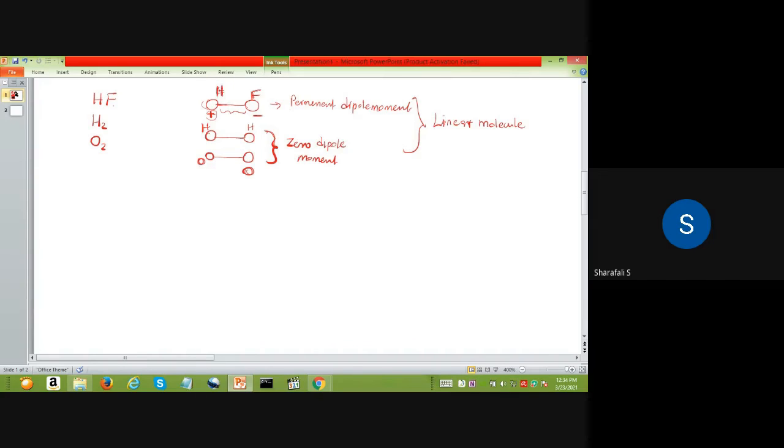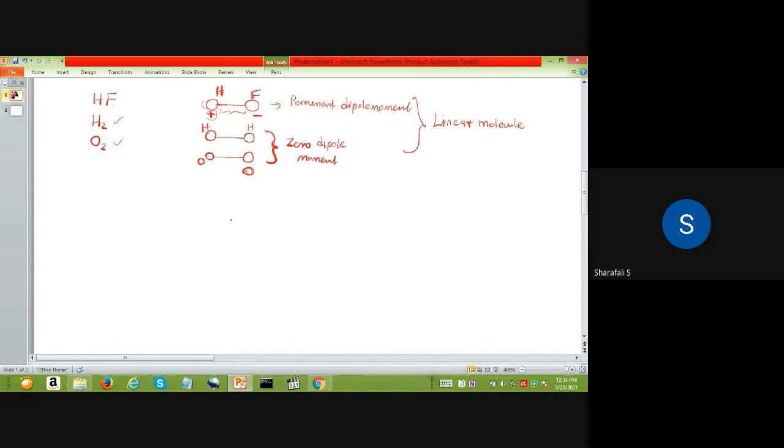And other molecules like H2, O2 or Cl2 will not have this dipole moment, as they do not have equal and opposite charges separated by a distance. This configuration is called a dipole. So the molecules which have a permanent dipole moment show microwave spectroscopy. The molecule with zero dipole moment is microwave inactive.